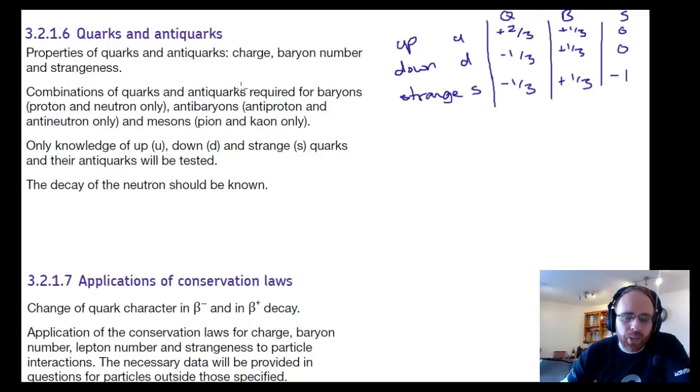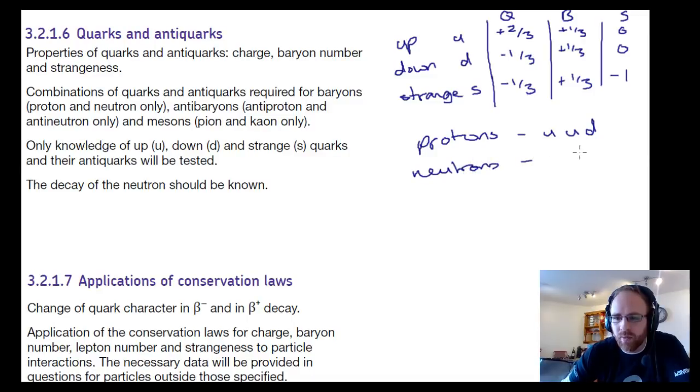So protons are not fundamental. They're made of two up quarks and a down quark. Neutrons, again not fundamental. They are up, down, down, and then the antiparticles, an antiproton and antineutron, just contain the antiquarks.